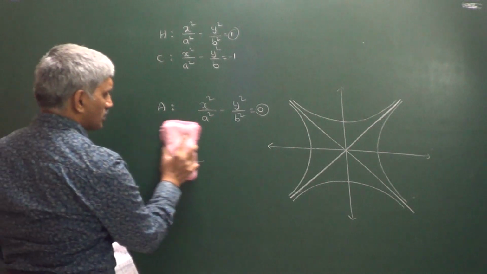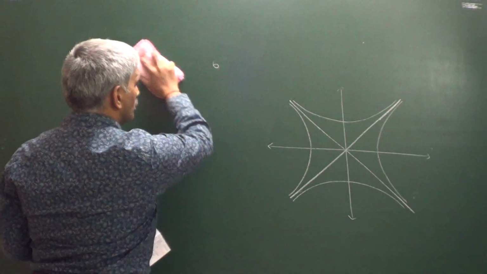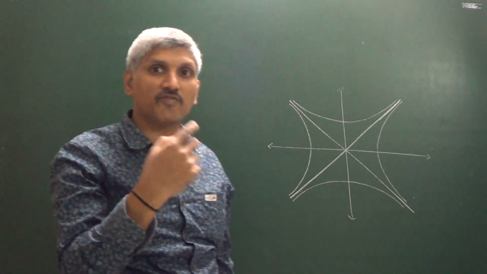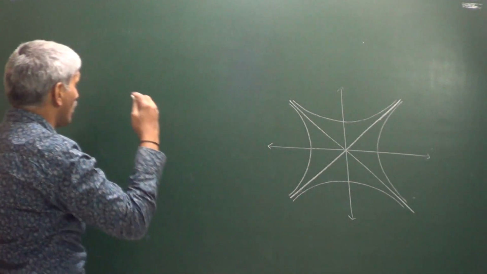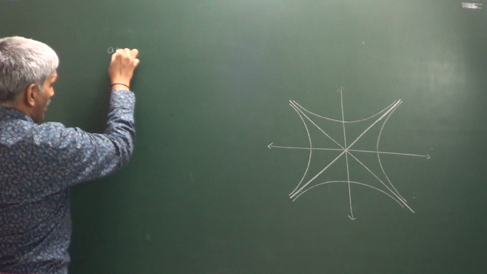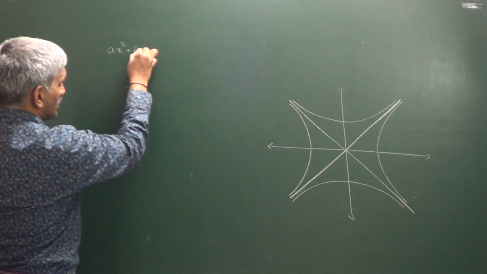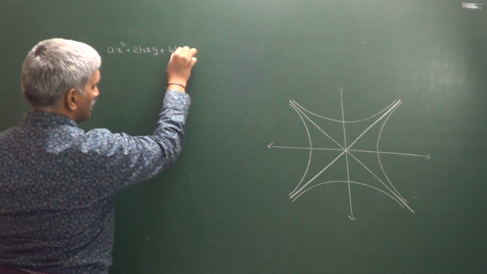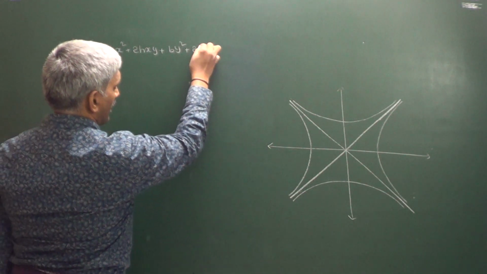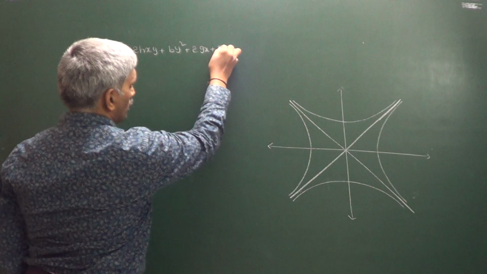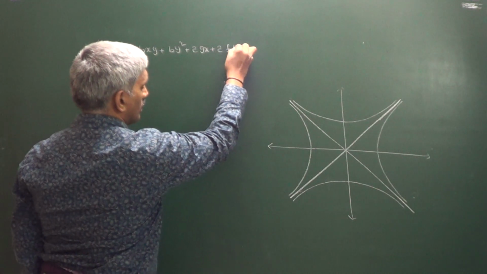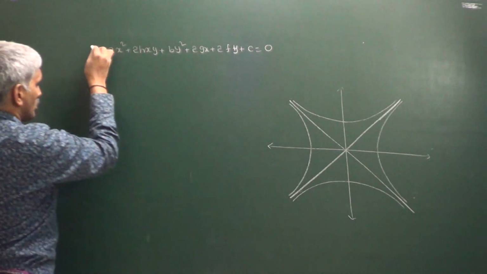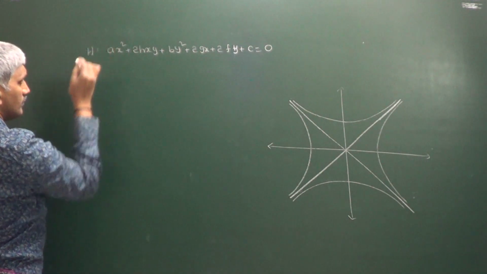Okay, now that is the discussion in the case of the standard form. But what about the case of an oblique hyperbola? The same conditions we can apply for an oblique hyperbola also. ax square plus 2hxy plus by square plus 2gx plus 2fy plus c is equal to 0 is the equation of the hyperbola.